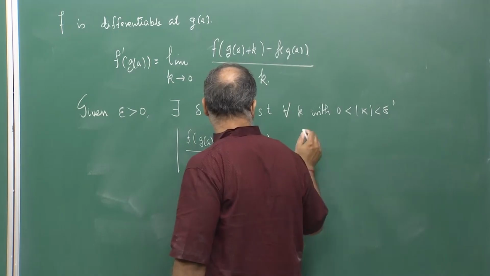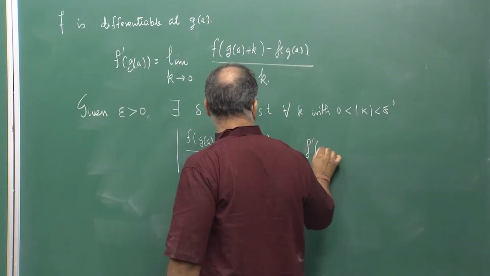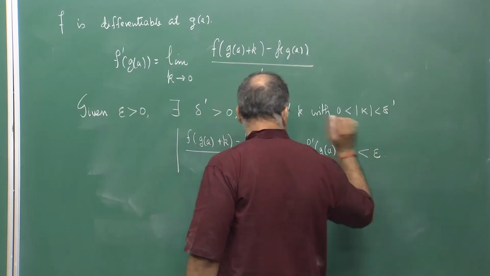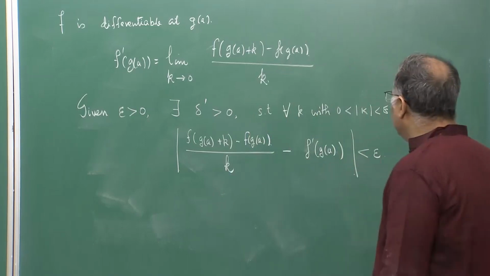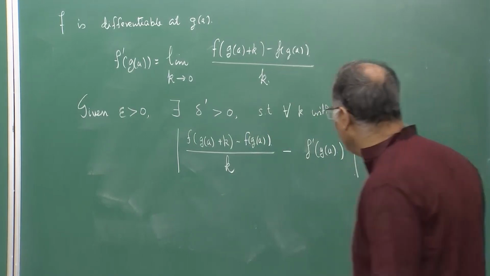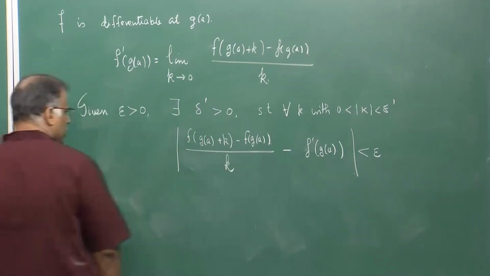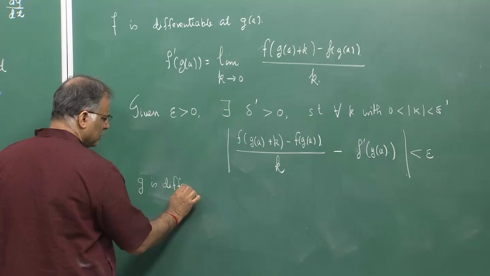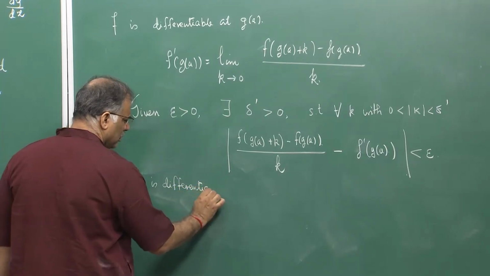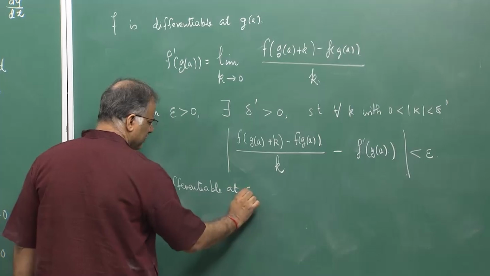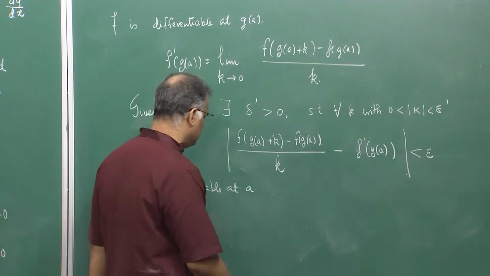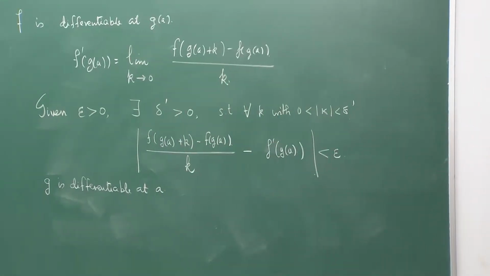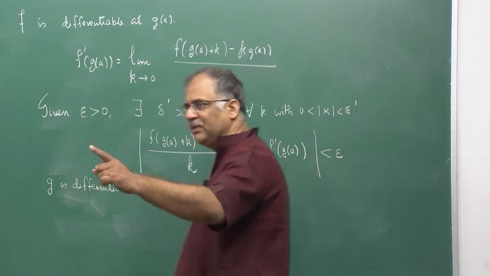So, that quotient minus f dash of g(a) must be less than epsilon. This is a standard definition you already know; I have already spoken about the derivative and given this definition. Now, g is differentiable at a, which implies that g must be continuous at a, because every differentiable function is continuous.